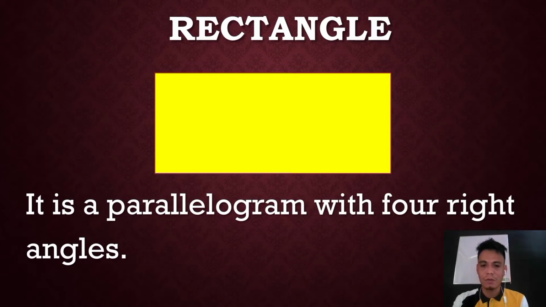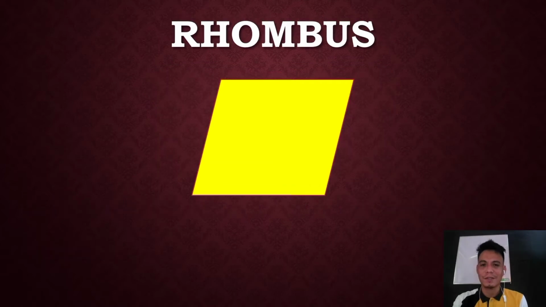So kung alam niyo yung right angles that measures 90 degrees, so ito pong area na to, the 4 corners of rectangle measures 90 degrees or it form a right angle. So meron siyang 4 na right angles. Okay? I hope you get it guys.